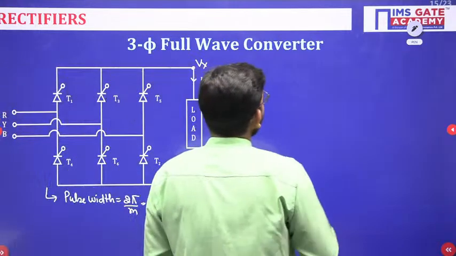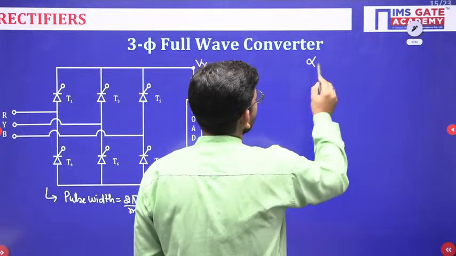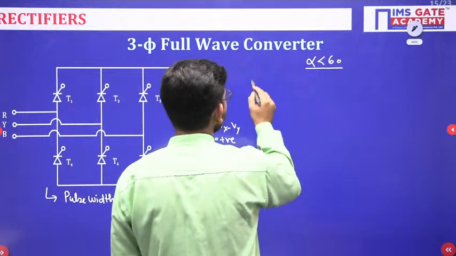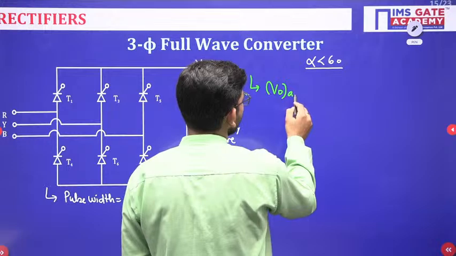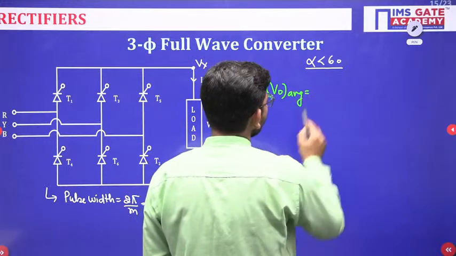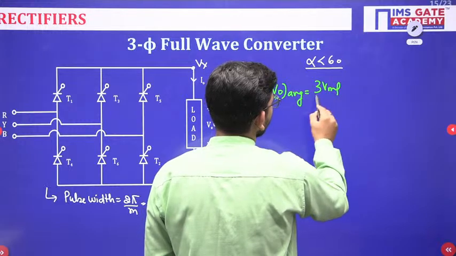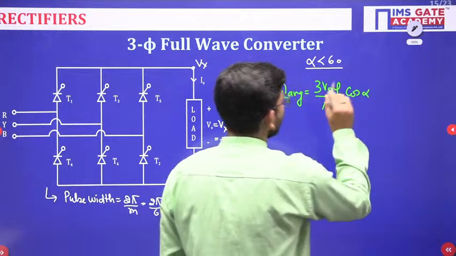Now what will be the output voltage? When alpha is less than 60, the average output voltage will be equal to 3 VML over pi cos of alpha, okay.